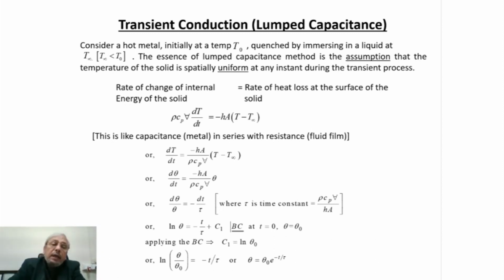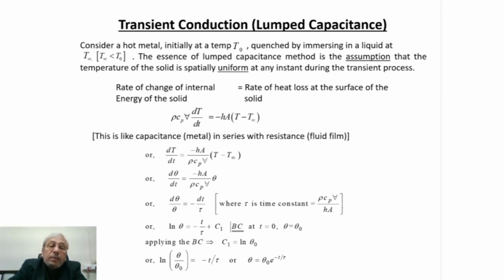So we can write the equation rho Cp times volume of the element, dT/dt, the rate of change of temperature, equal to minus h, the heat transfer coefficient, times area, times T minus T infinity. T infinity is the local temperature. This is like capacitance in series with resistance.